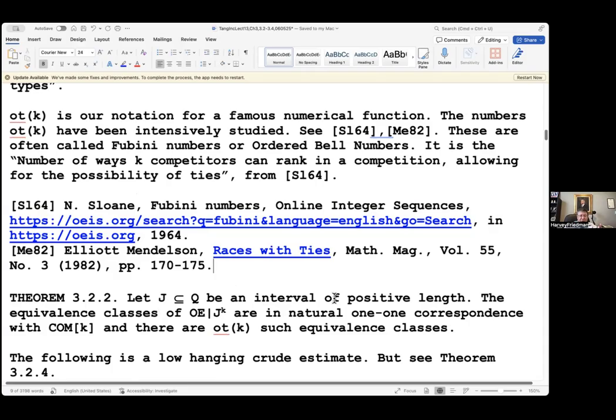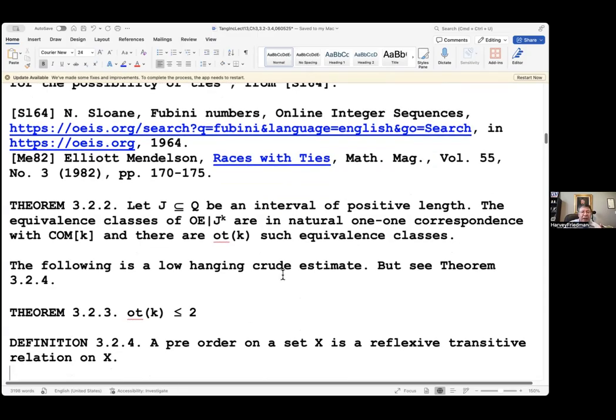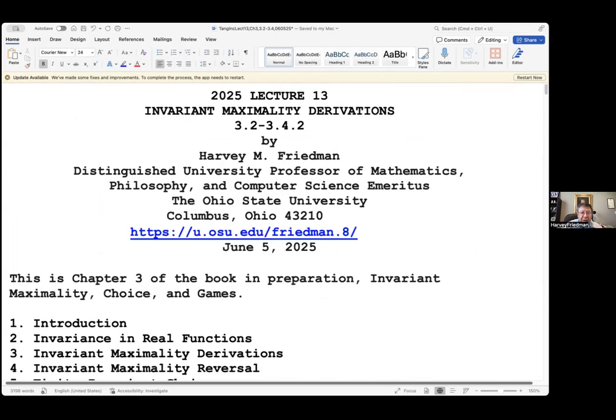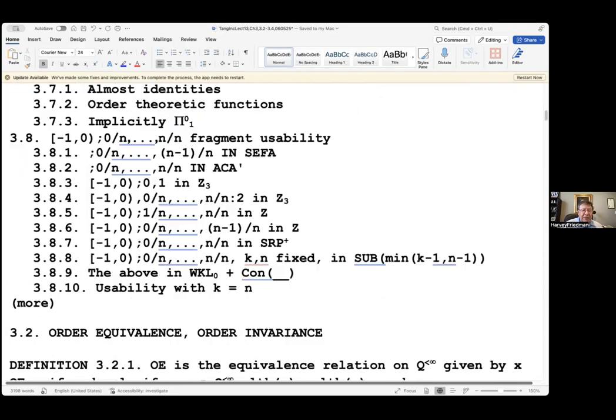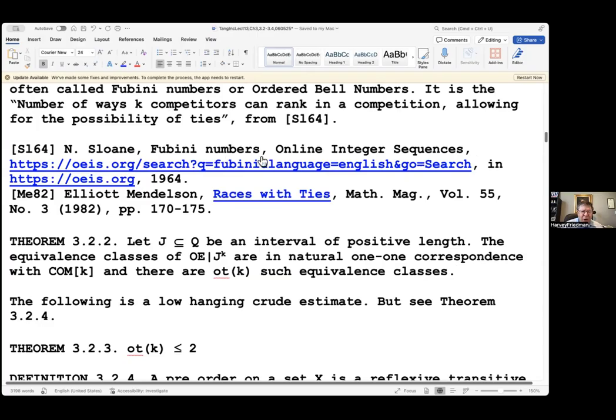All right, an interval. I should have defined this.